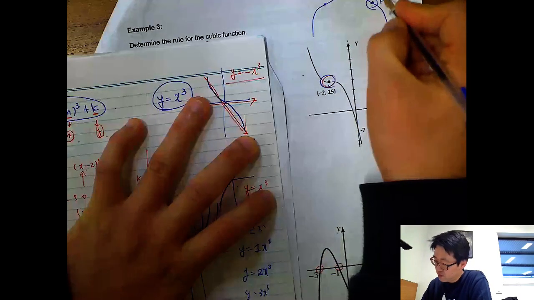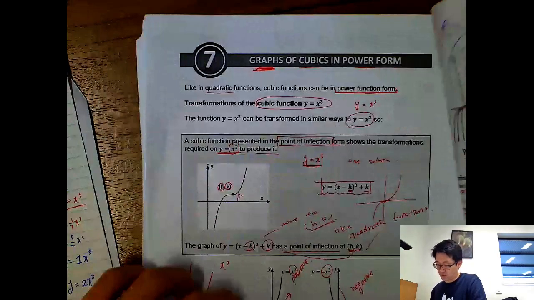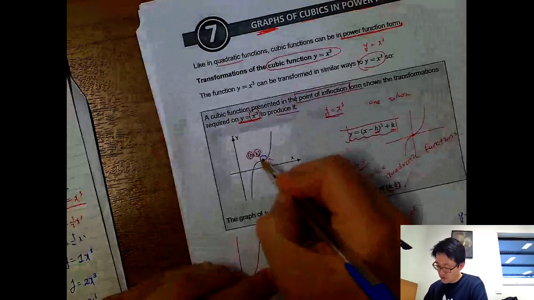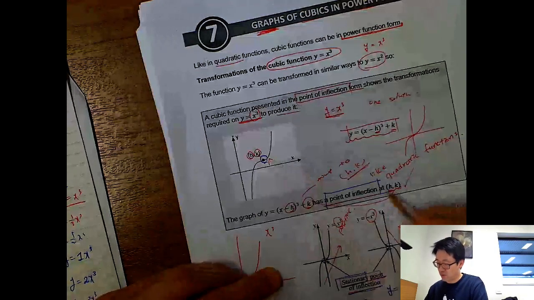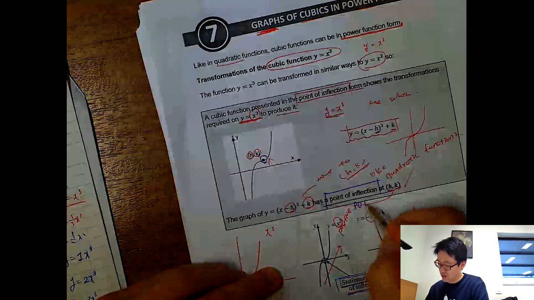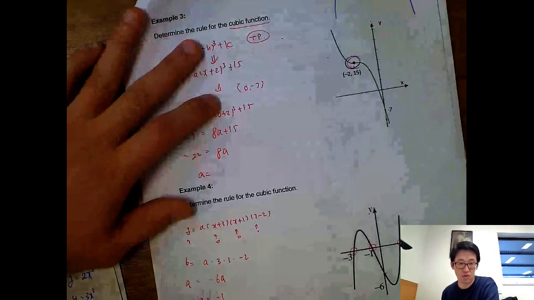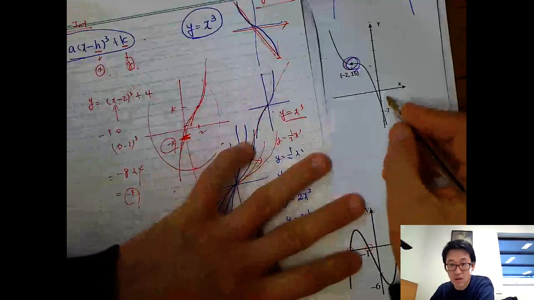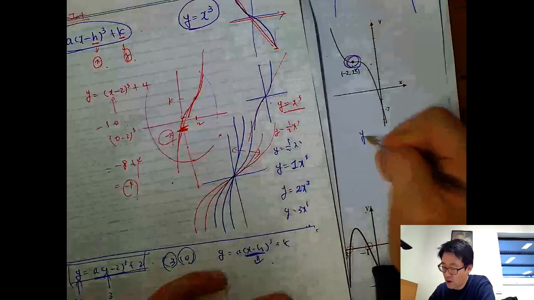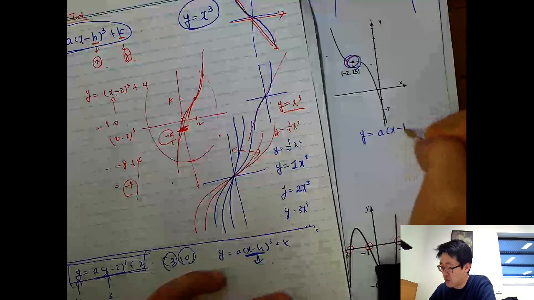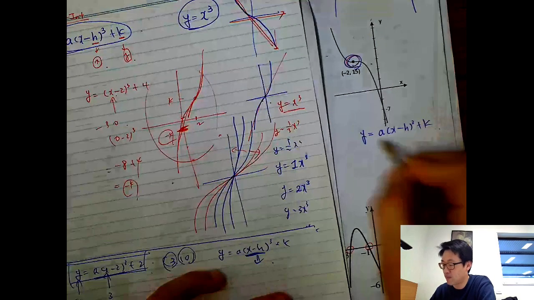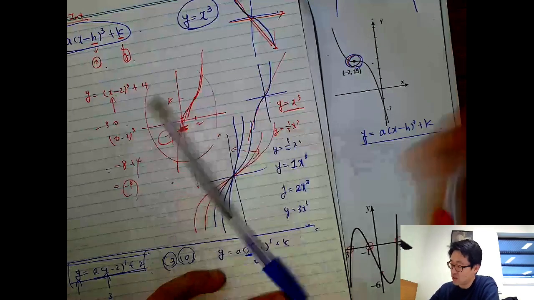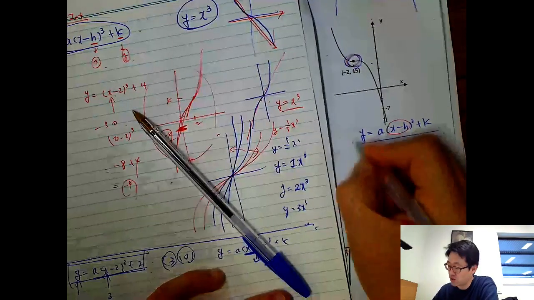Here h and k, the point of inflection exists, POI, which means you have only one solution. Happy with that? Yep. Only one solution, and that means you're going to have y equals a(x minus h) cubed plus k form. Since we can only see one solution, please remember that.